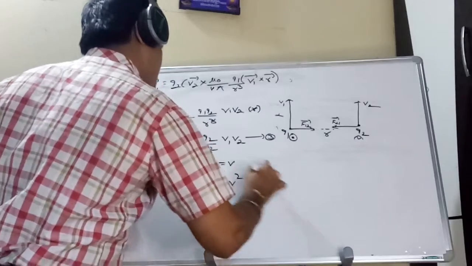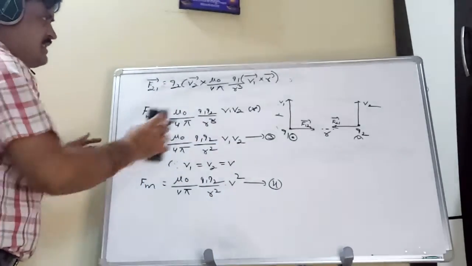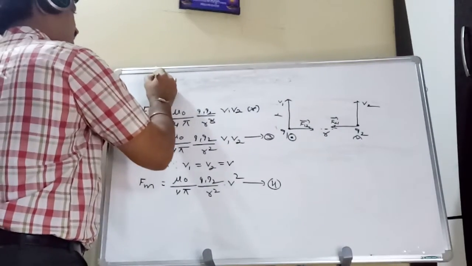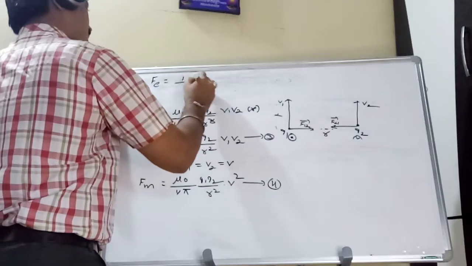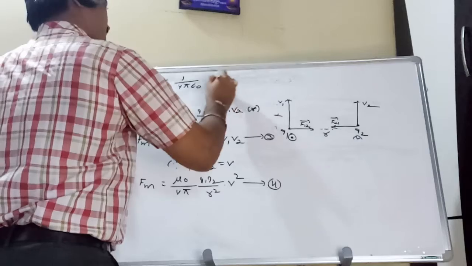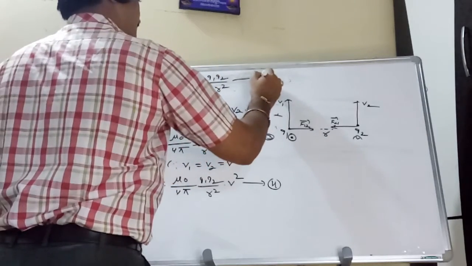Here, between the two charges, the electric force is the Coulomb force Fe, which is equal to 1 by 4 pi epsilon, Q1 Q2 by R square. This is equation 5.